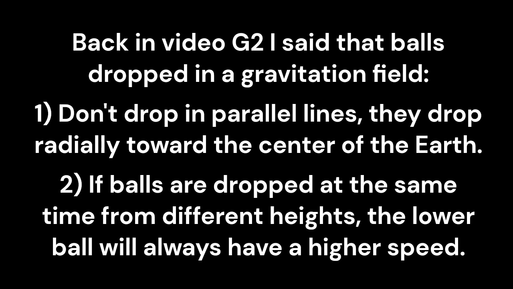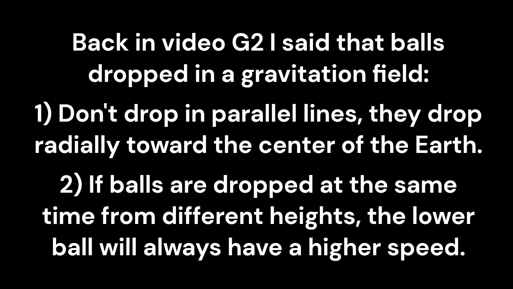Back in video G2, when I was talking about the G rocket, I said that balls fall differently in an accelerating rocket than they do in a gravitational field like around Earth. Balls don't drop in parallel lines, they drop radially towards the center of the Earth.